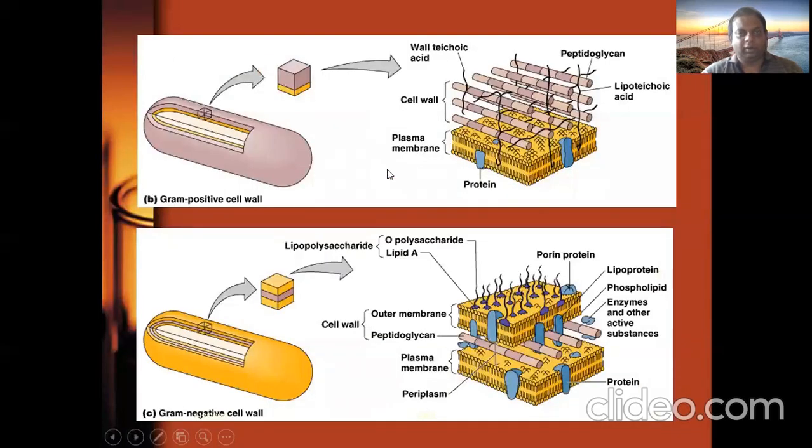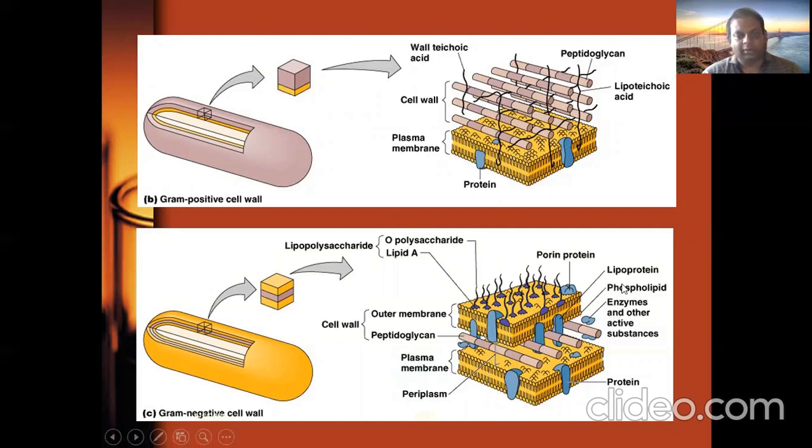You can see a bit more about the three-dimensional orientation of this. Here in the gram-positive, teichoic acid is there, along with the peptidoglycan, the cell wall, and the plasma membrane. Here in the gram-negative, two cell membranes are there, bound by a thin peptidoglycan layer.